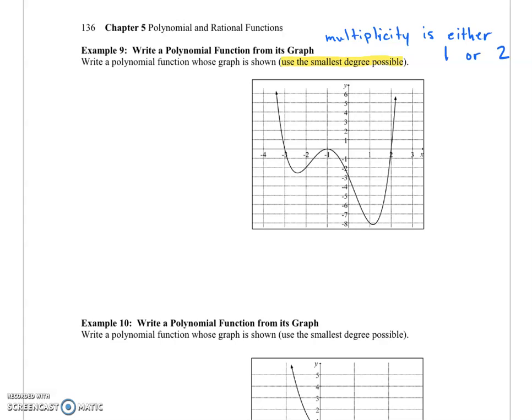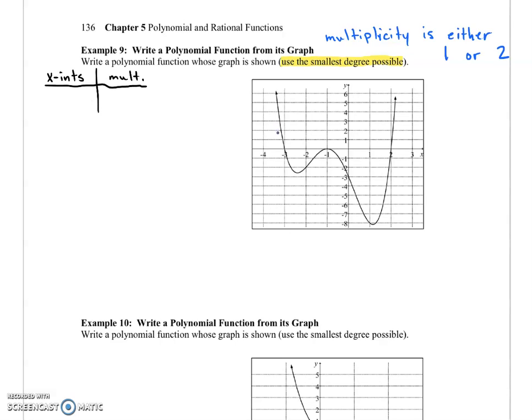So first of all, let's list our x-intercepts and their multiplicities.